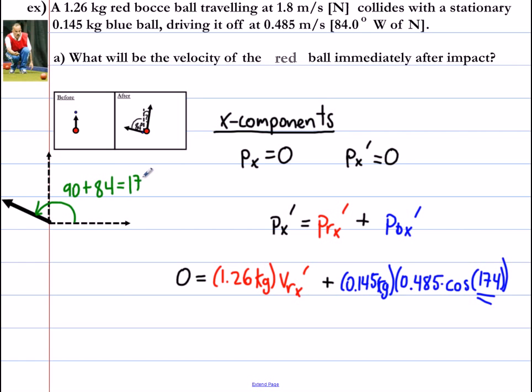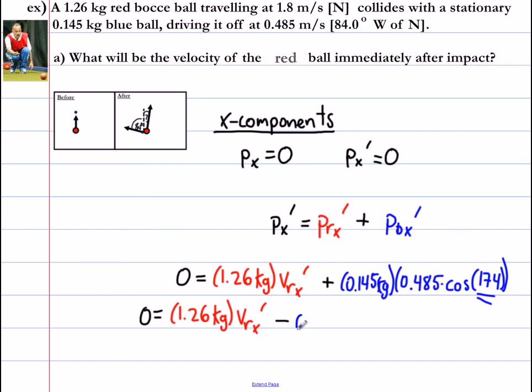It's just nice because the signs work out nicely, so hopefully you'll see that in a minute. But you can use 84 degrees too if you like. You just have to keep track of that kind of stuff. So same as above, that second portion of the equation gives us 0.699 kilogram meters per second.